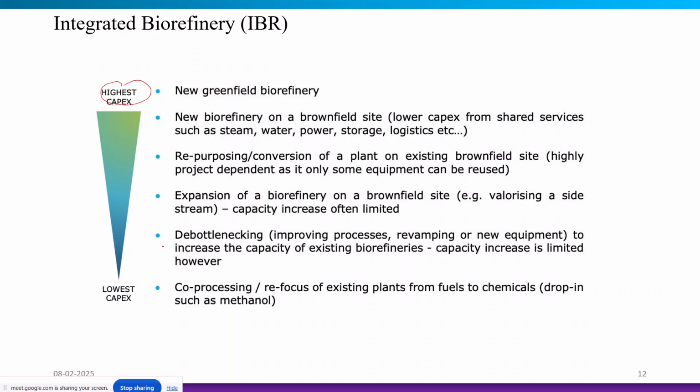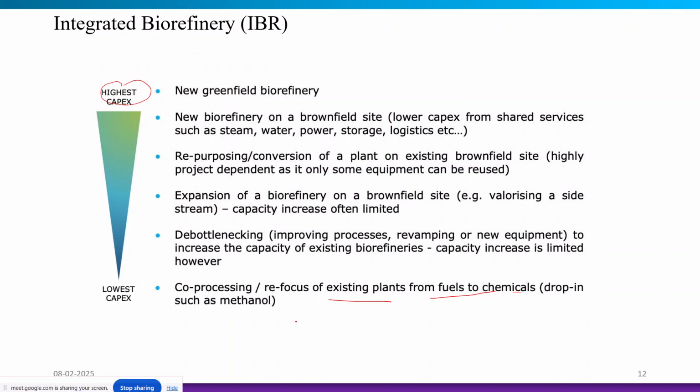So this comes down, and at the lowest you can get the co-processing or refocus of existing plants from fuels to chemicals, like I have already discussed in the last slide, the linking of an existing facility with this new growing biorefinery concept.